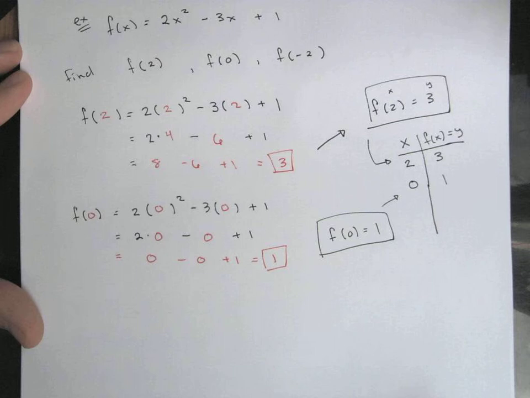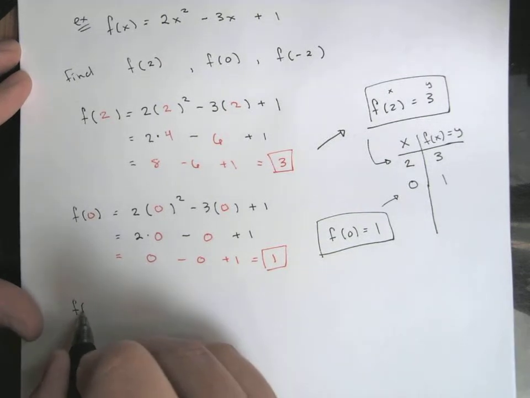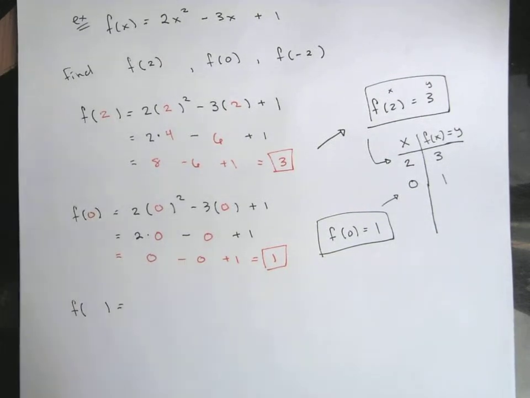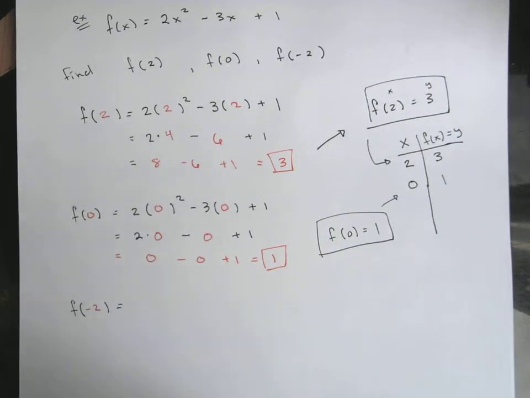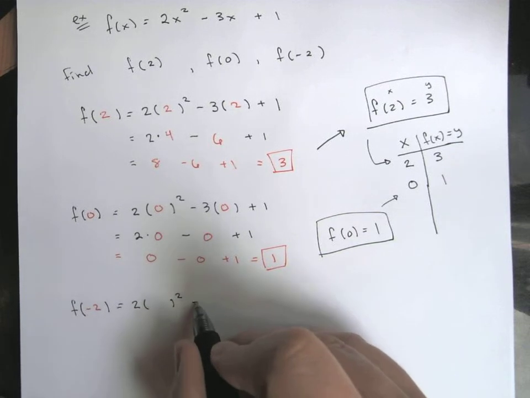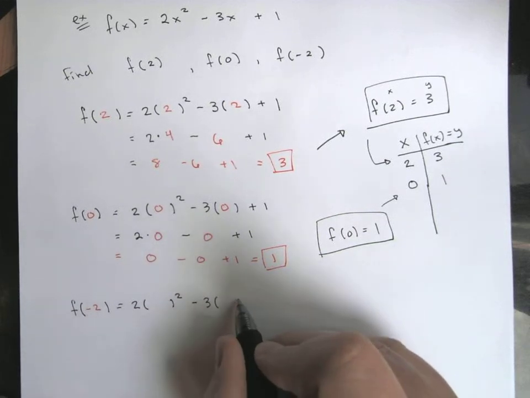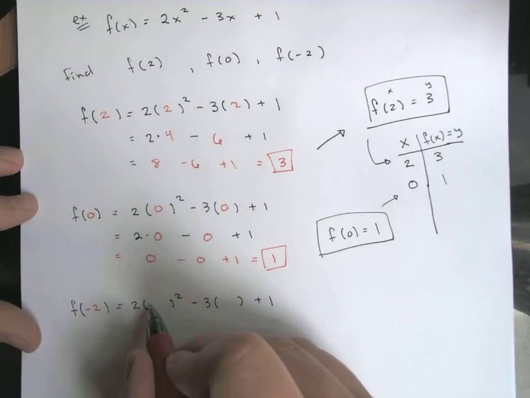That's not terrible. Let's do negative 2. F of negative 2. Whenever there are negatives involved, of course, we have to be extra careful about our order of operations. This is going to be a negative 2 squared, but then also just a regular negative 2.